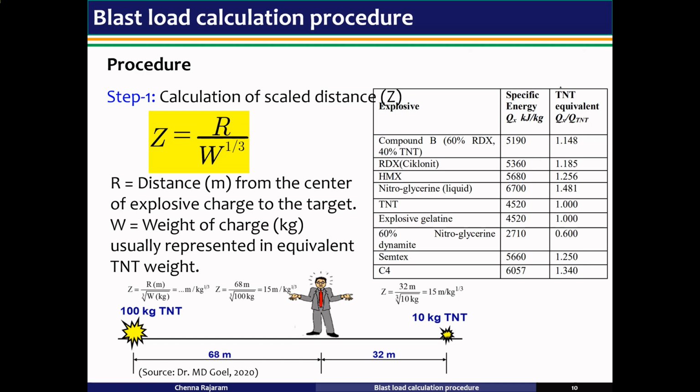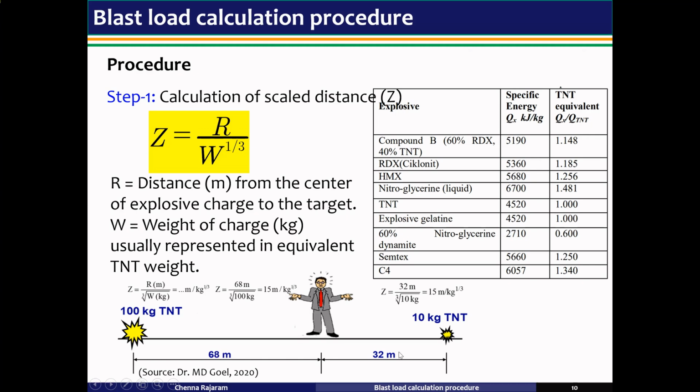Here you can see the main idea behind the scaling law. There are two cases. One is 100 kg TNT, the other one is 10 kg TNT. Now the calculation, that is Z is equal to R divided by cube root of W. For 100 kg TNT at a distance of 68, we get Z equal to 16 meter per kg to the power of 1 by 3.